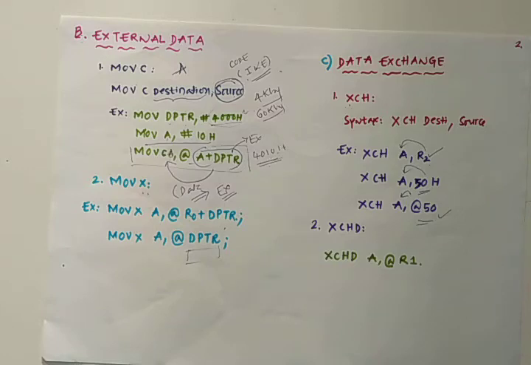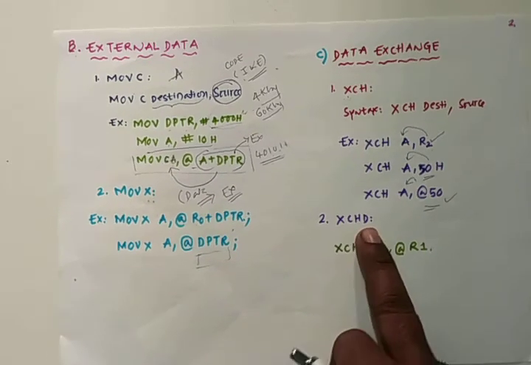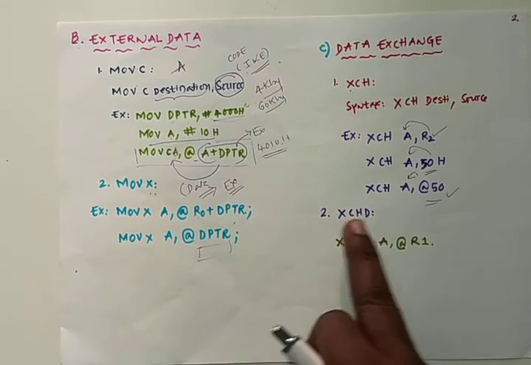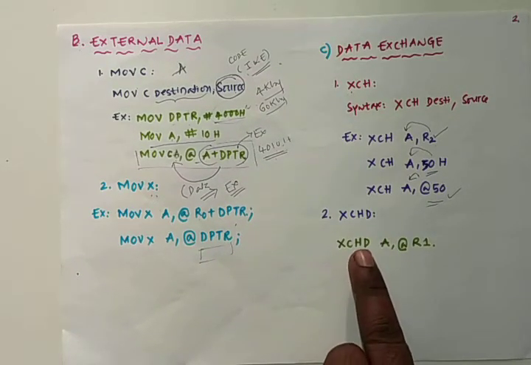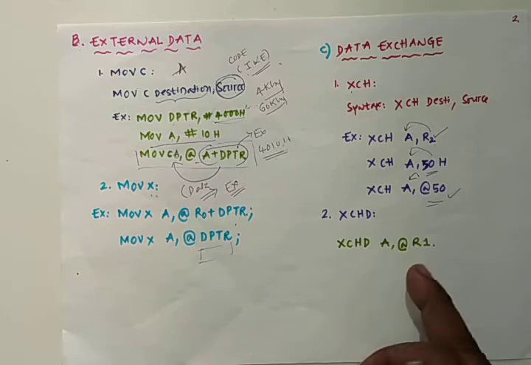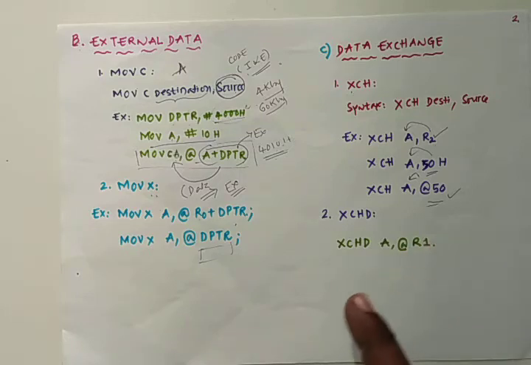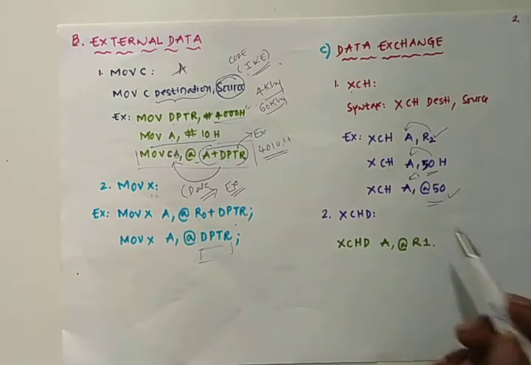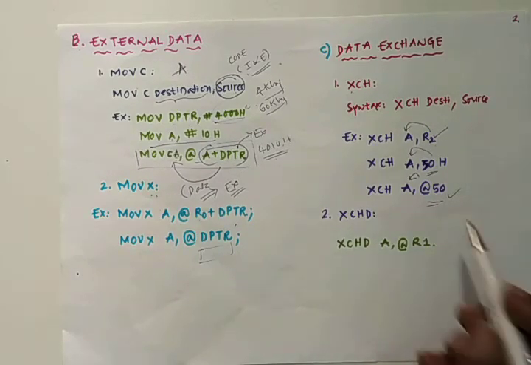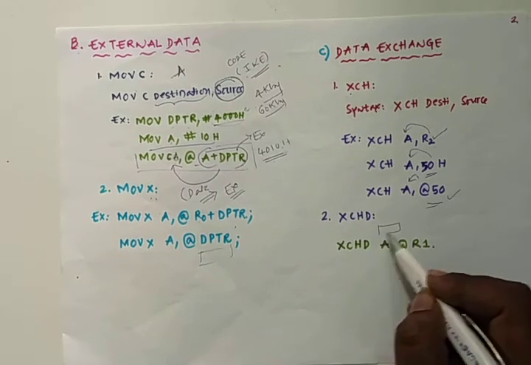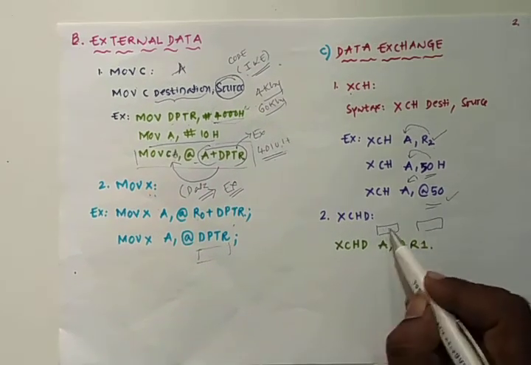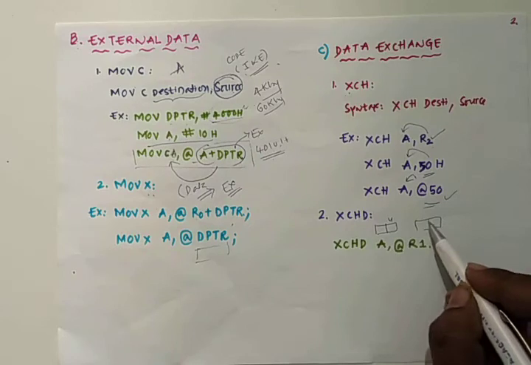Last one is about exchange digit. The exchange digit instruction exchanges the lower significant digit between the destination and the source. That means the lower nibble. For example, it is 8-bit and it is also 8-bit, and here 4-bit and here also 4-bit.